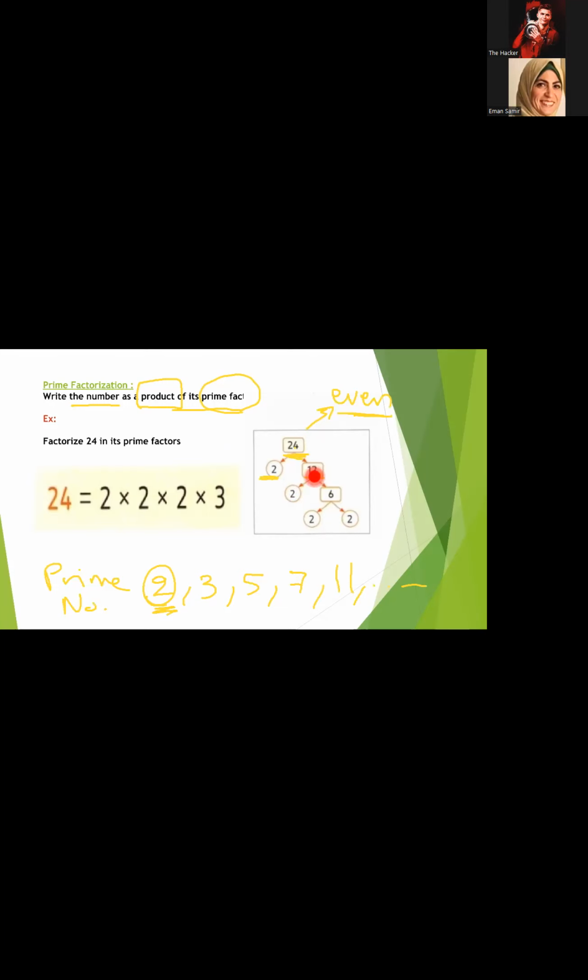Still, 12 is an even number. It can be divided into 2 times 6. Also, 6 can be divided into 2 times 3. So we can write 24 in its prime factors, that are 2 and 2 and 2 and 3.